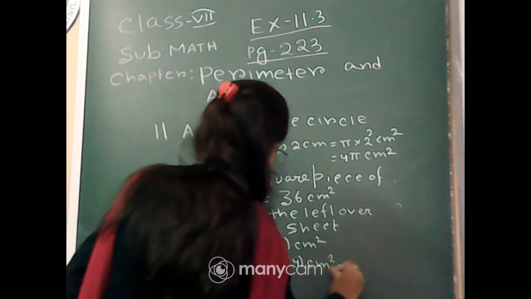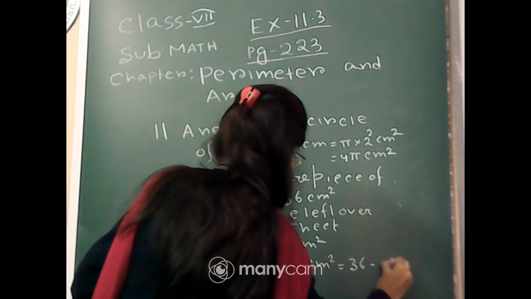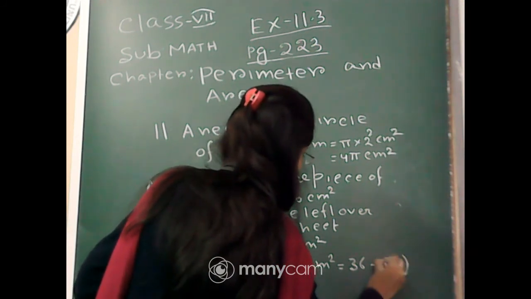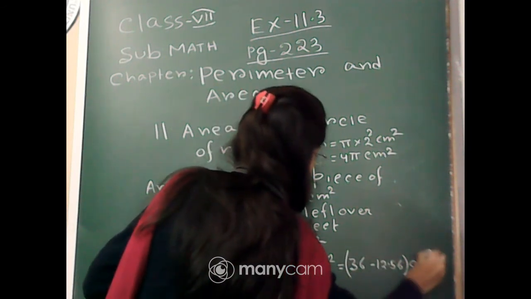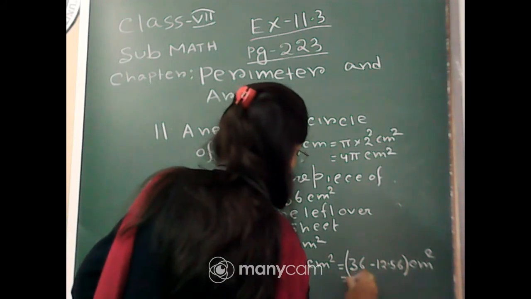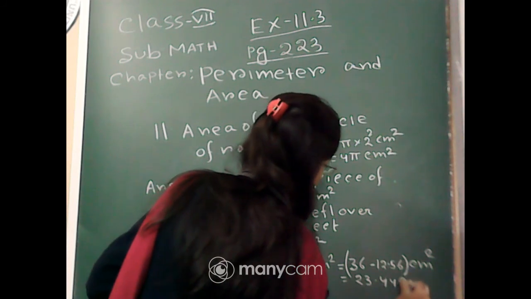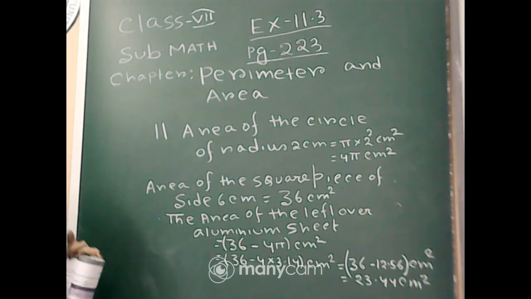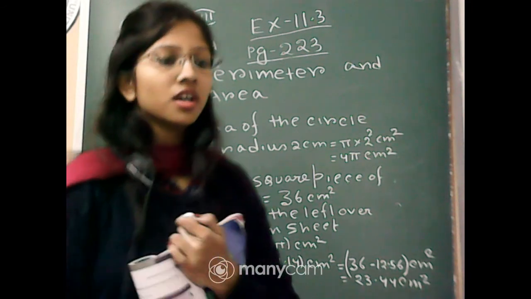And this is equal to 36 minus 12.56 square cm, and the final answer is 23.44 square cm. Therefore, the area of the leftover aluminum sheet is equal to 23.44 square cm.